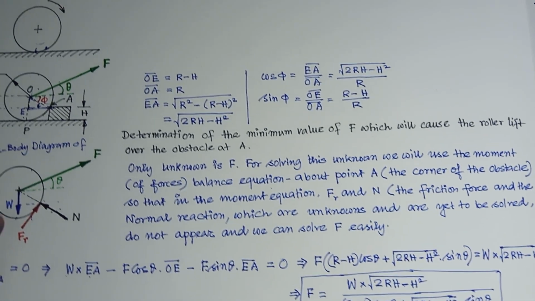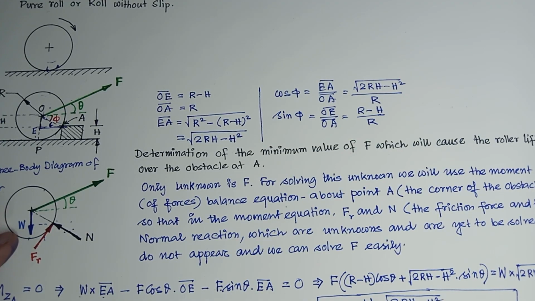So we have to determine the minimum value of coefficient of friction that should be there for the no slip condition to be valid. So this is level 3. In a future video we will see those levels. Thank you.